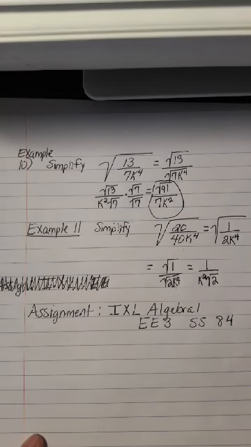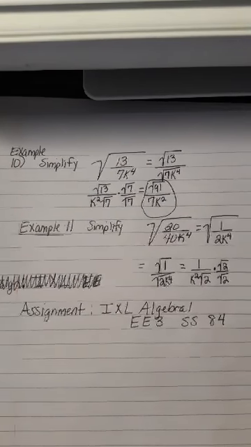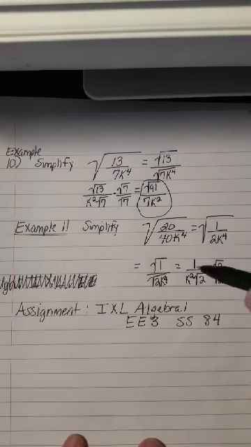Now what do I multiply by? You want to get rid of the square root around your 2, so you're going to multiply by the square root of 2 over the square root of 2. So 1 times the square root of 2 is just the square root of 2.